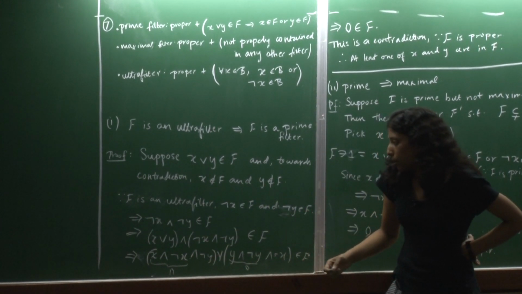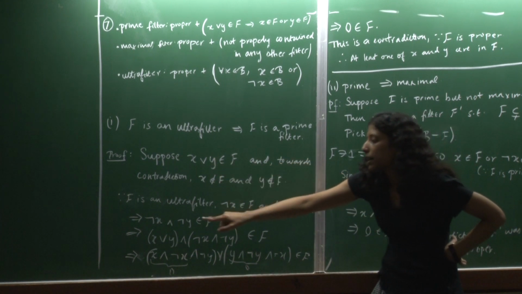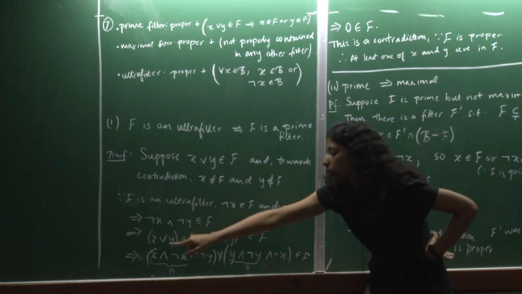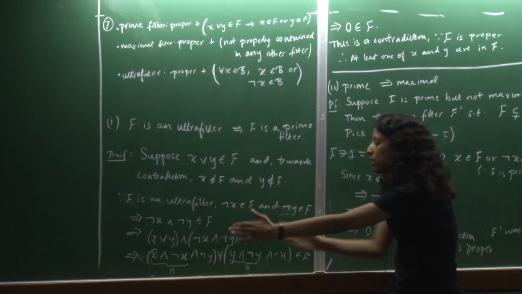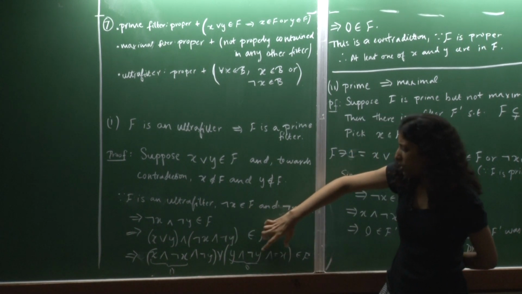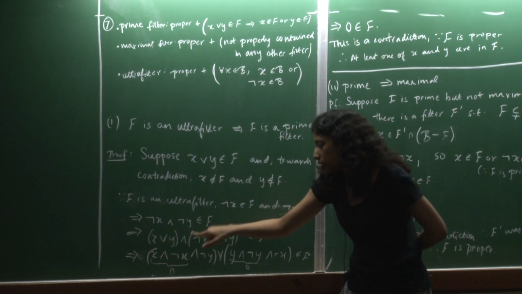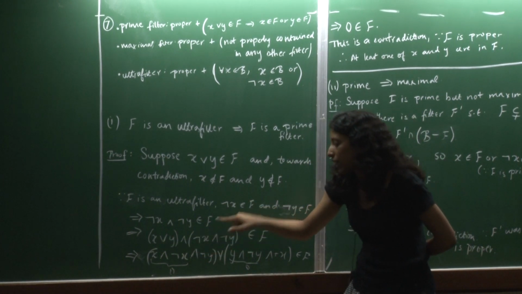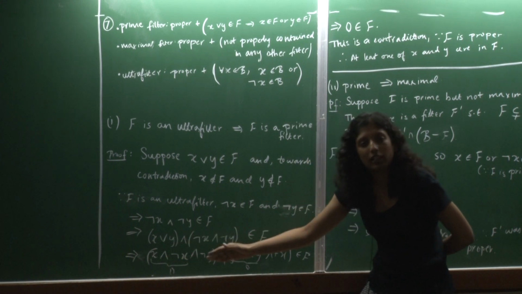Since X join Y belongs to F and this element belongs to F, their meet belongs to F. Now you just use distributivity and open it up, using commutativity to get X meet negation X meet negation Y, and X meet negation X will give you 0.